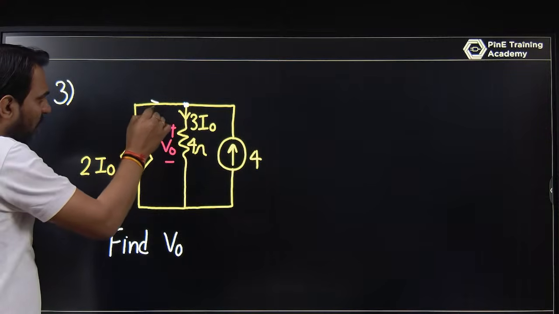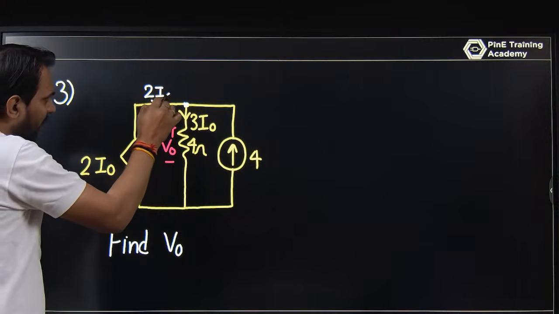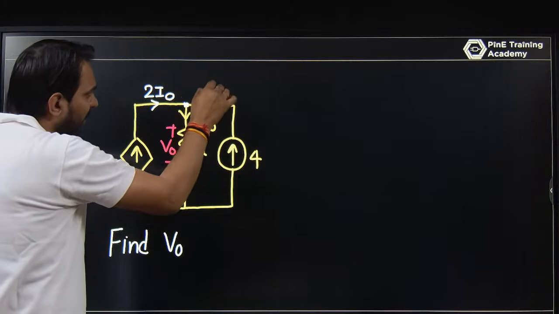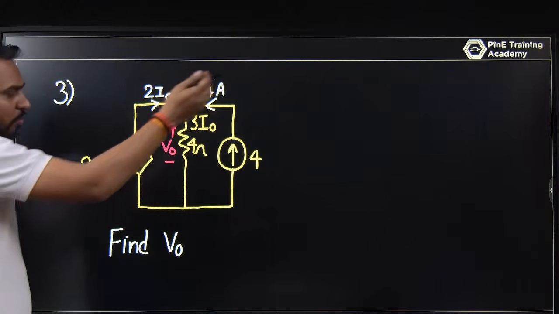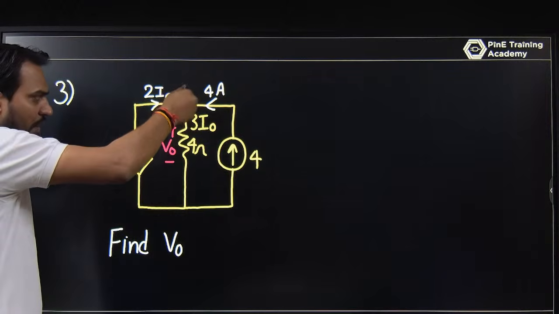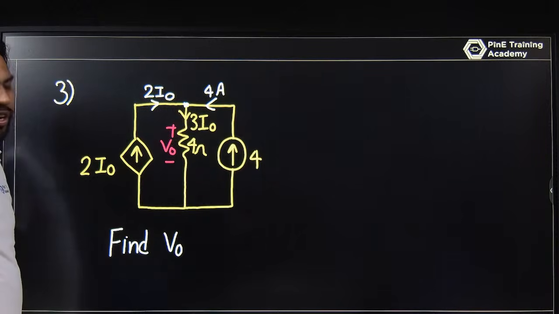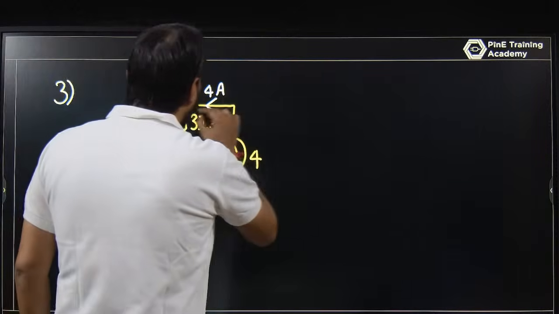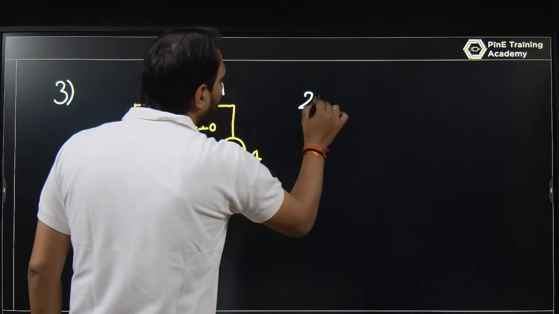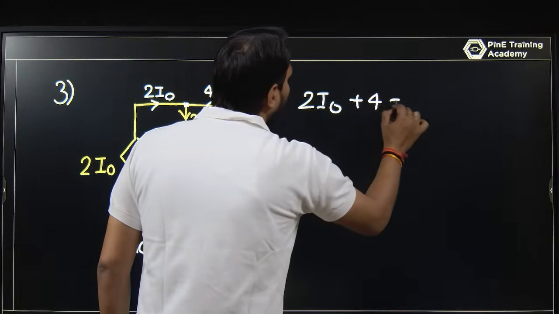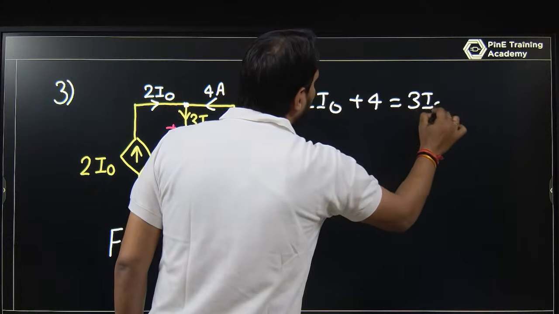The 2I0 is entering and 4 ampere is entering. 2I0, 4 ampere is entering, the leaving current is 3I0. So I can write at this node that the equation is 2I0 plus 4 is equal to 3I0.